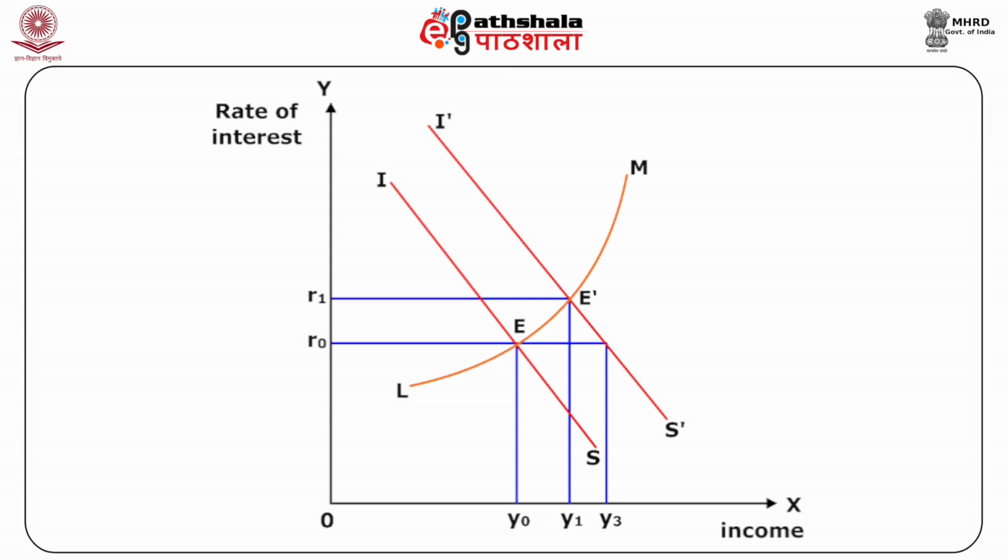The intersection, if for instance the rate of interest remains at r0, then this is a point of disequilibrium. On the other hand, if we consider E prime, then this is a new point of equilibrium. IS and LM are intersecting, and correspondingly the rate of interest has gone up.